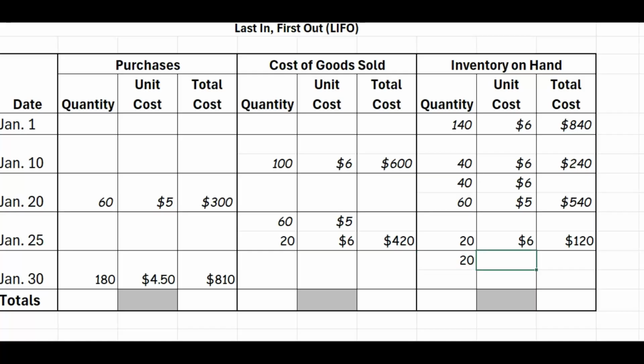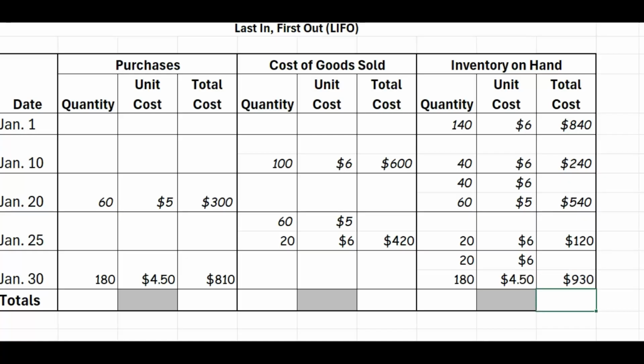We have 20 of the original $6 units and 180 of the newly purchased $4.50 units. Ending inventory balance is calculated as the 20 units times the $6 per unit plus the 180 units times the $4.50 per unit.